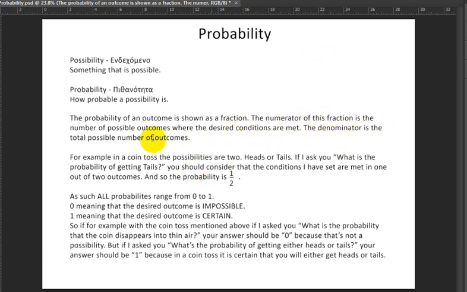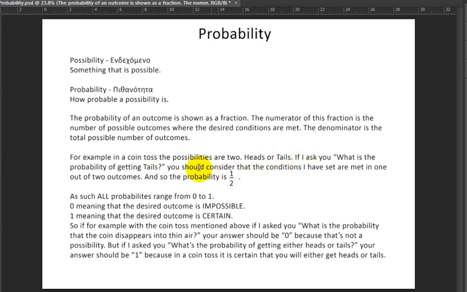The denominator is the total possible number of outcomes. So the total possible number of outcomes in a coin toss is 2. You can either get heads or tails. So again, if we were doing a coin toss, there are two possibilities, heads or tails.